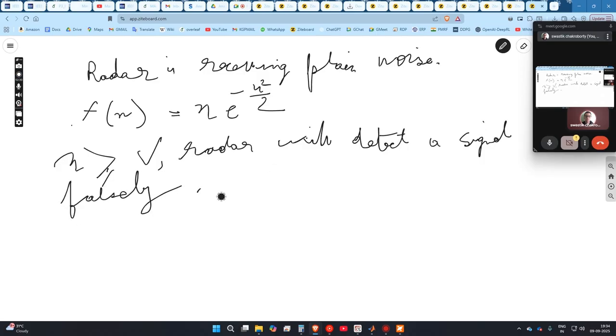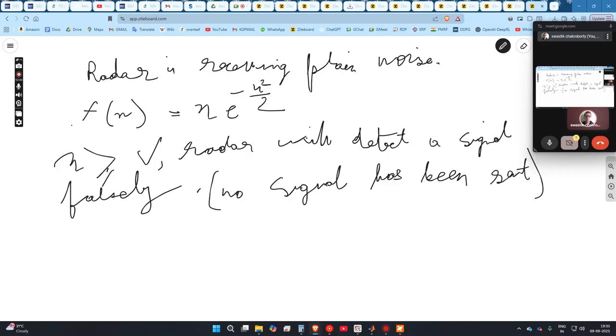That is, no signal has been sent. So even though no signal has been sent by the transmitter, the radar will detect the presence of a signal. So that cannot be.